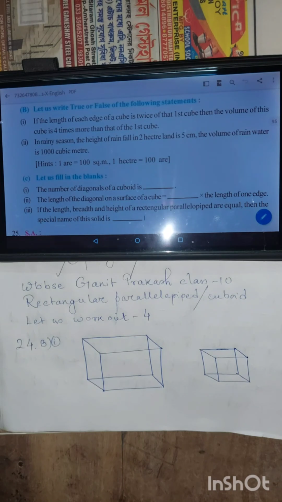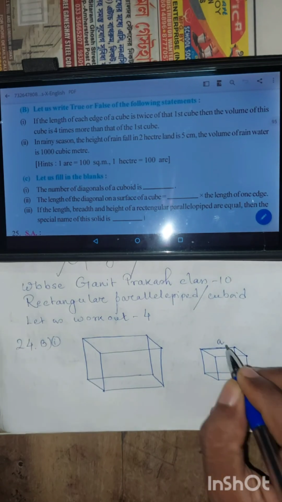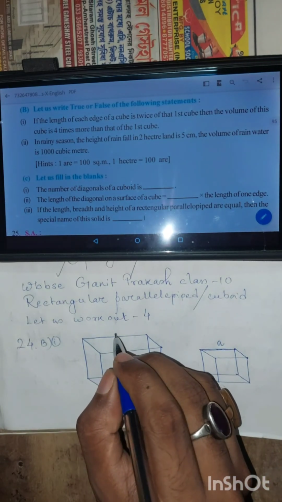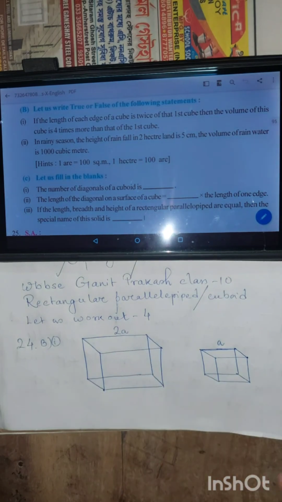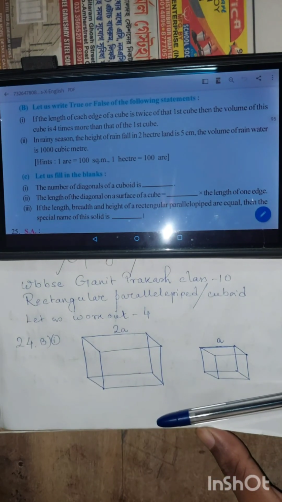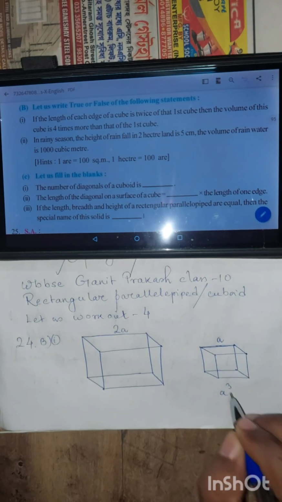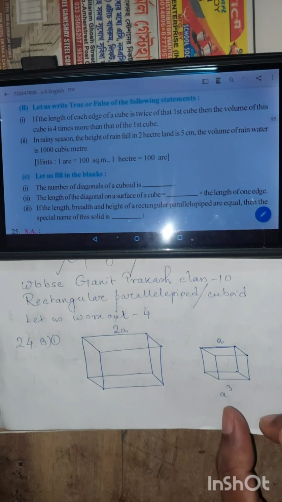And if this side is a unit, then this side is 2a, twice, and the volume of the first cube should be a cube, cubic unit. I am not writing the unit.